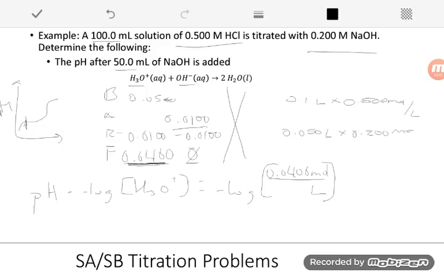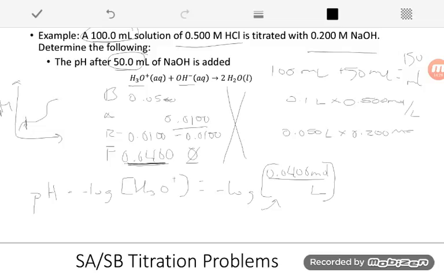So I need to plug in here the total volume I have now so I can get this new concentration. If I look back, I started with 100 milliliters and I added 50. So 100 milliliters plus 50 milliliters tells me that I have 150 milliliters total.